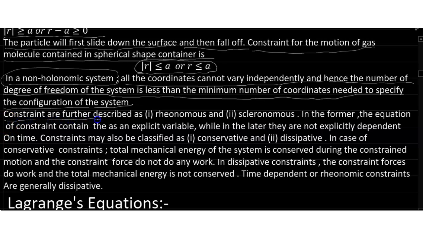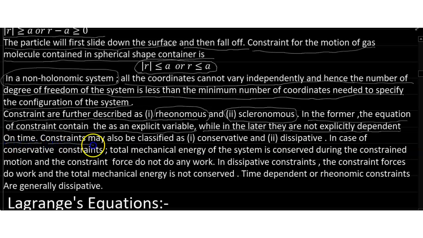Constraints are further described as rheonomous and scleronomous. In the former, the equation of constraint contains time as an explicit variable, while in the latter they are not explicitly dependent on time.